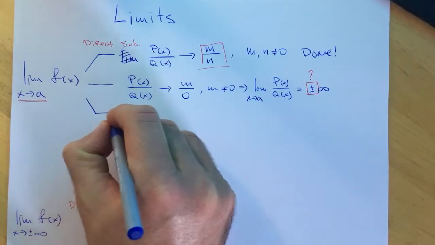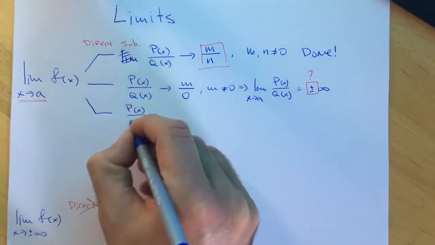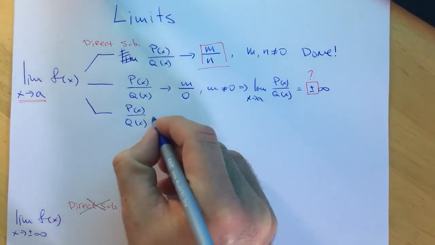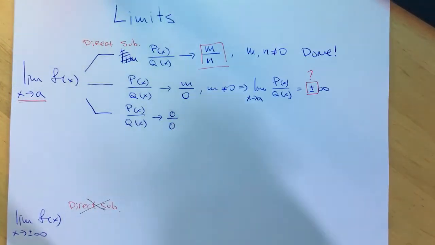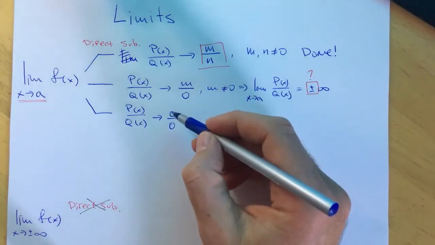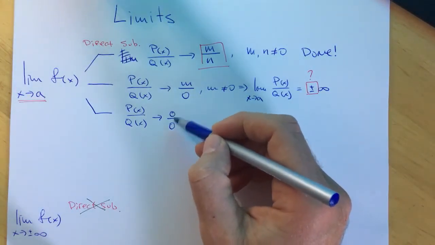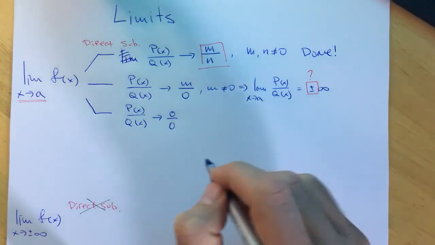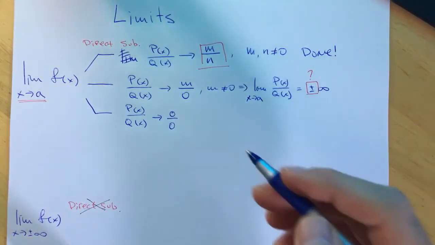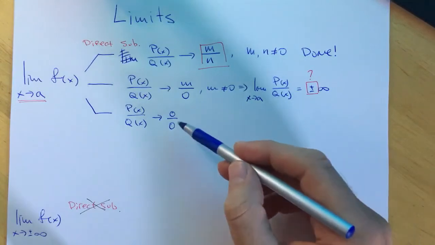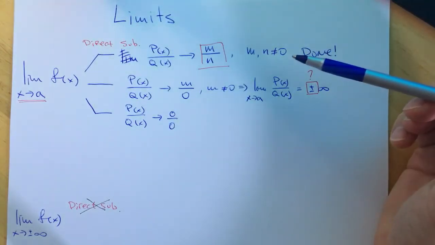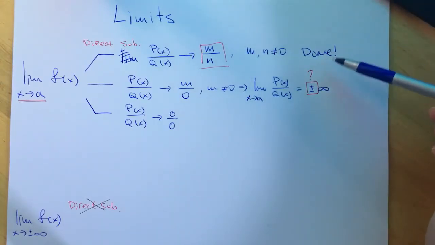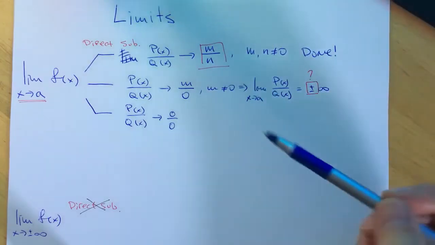The third type of limit is when the numerator and the denominator are both approaching 0. If both approach 0, then we have a few strategies for simplifying so that we end up with either the first one or the second one after the simplification.